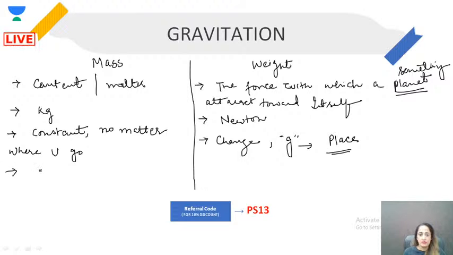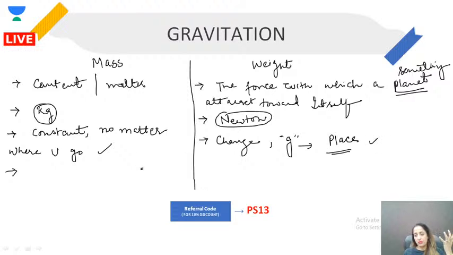Mass we measure in kgs, and weight we measure in newtons, and mass is a constant quantity, and weight changes from place to place. All right, so this was quickly all about mass and weight and the difference between the two. Next we will talk quickly about what is thrust and what is pressure.